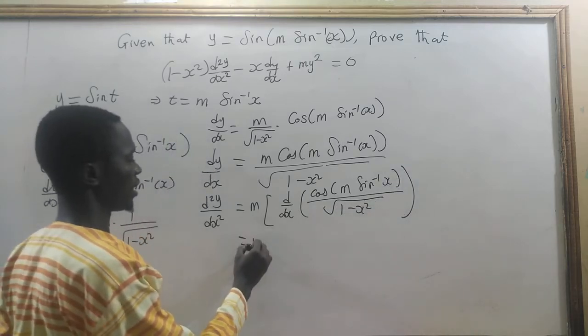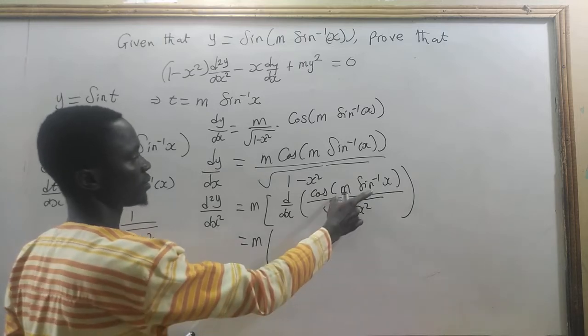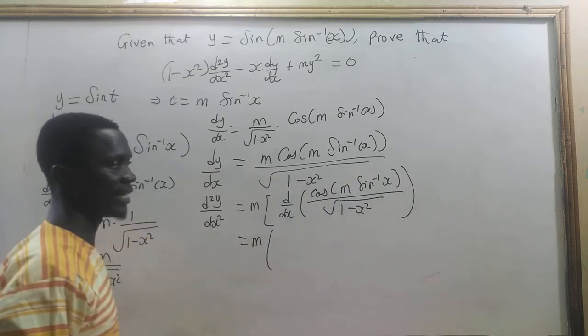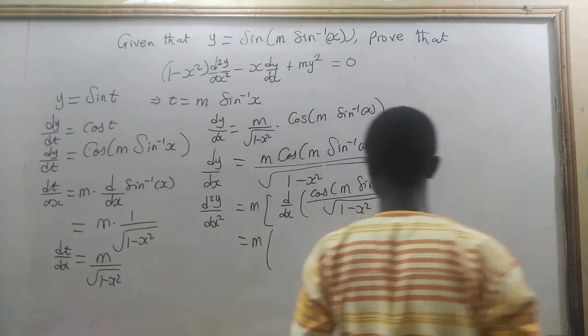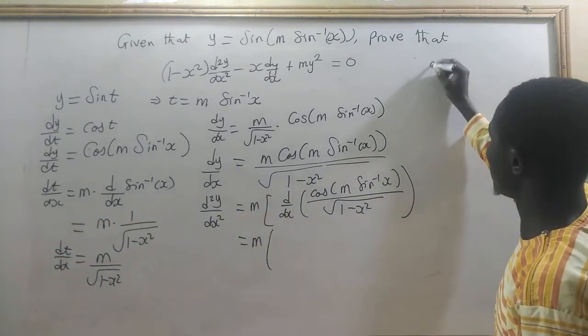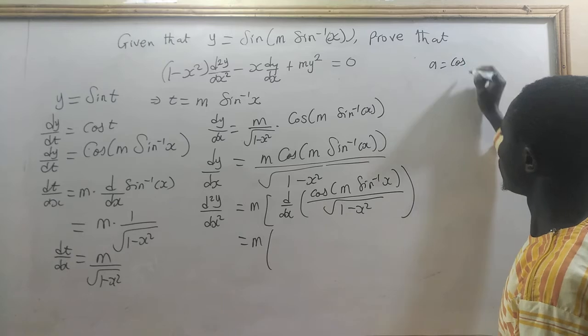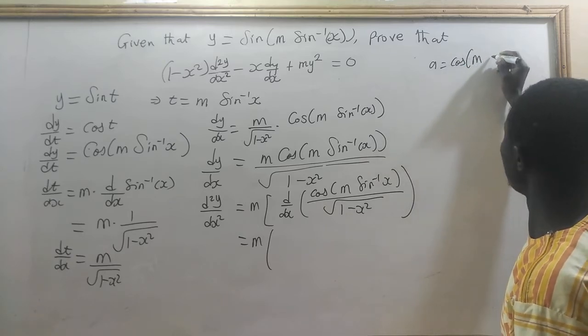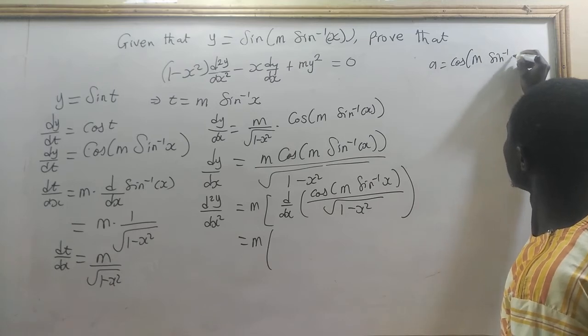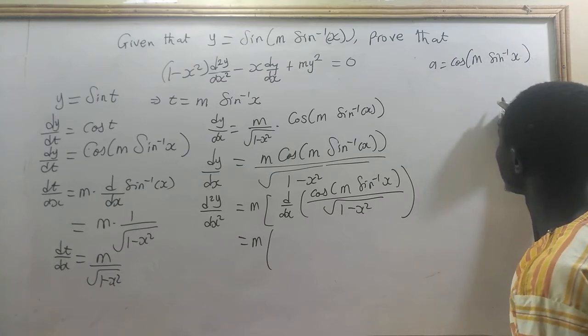So here we have m times, we are going to differentiate the inner function here. So I'm going to do it here. Let's assume that we have A equal to cosine of m times the inverse sine of x.